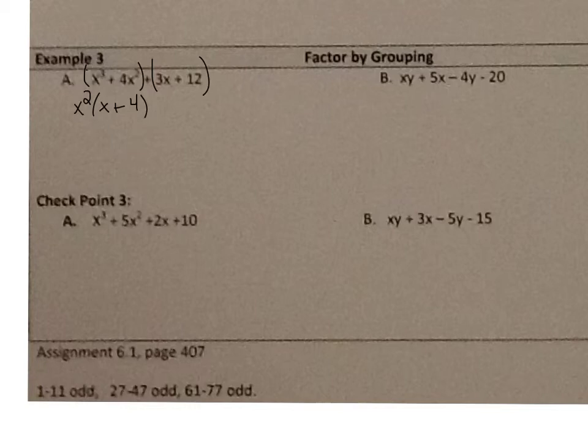That's the first group. The second group, we're going to factor the greatest common factor out of that group. You've got no x on the 12, and so you're going to have to just use the coefficients, the numbers. 3 and 12, the biggest common factor out of those is 3. And so we are left with x plus 4.